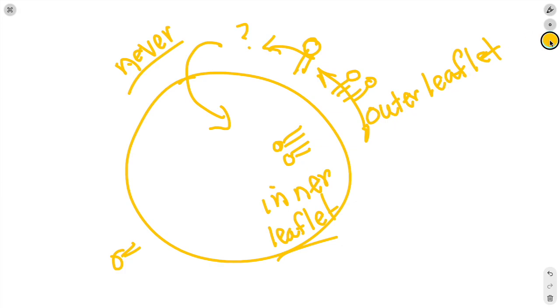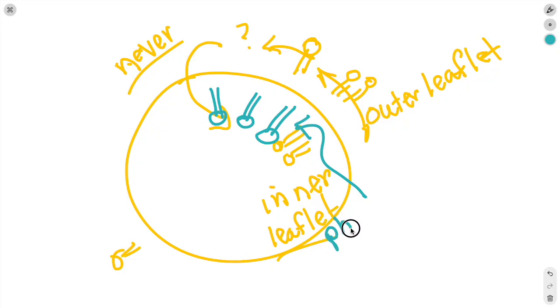And so, here's what the story is for apoptosis. Right now, inside of every one of our cells, in their inner leaflet, some of the phospholipids are, and we have to learn the name of this one, phosphatidylserine.